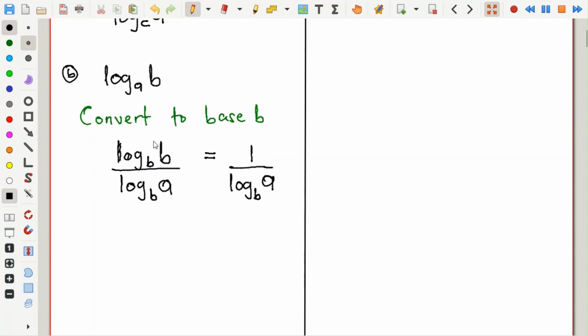I have not told you, but look at the numerator. Any logarithm whose argument is the same as the base is 1. So logarithm of an expression to the same base is what? 1. Hope you'll be able to keep that in your head.